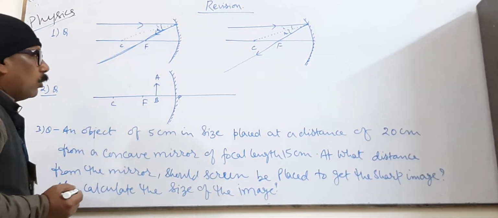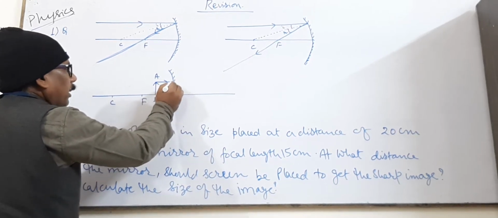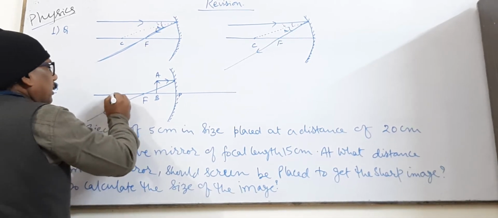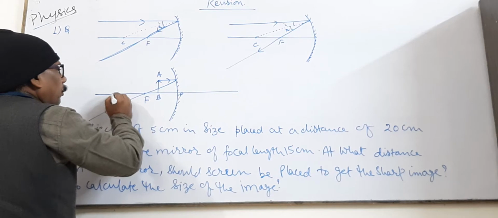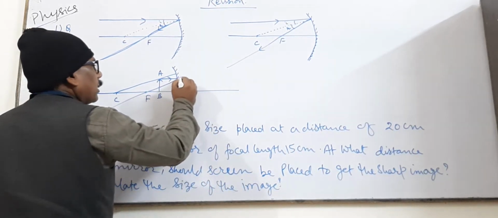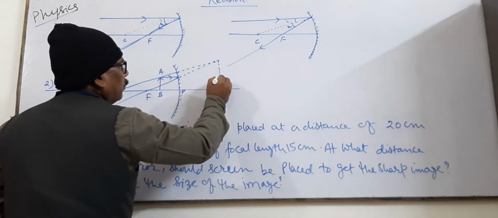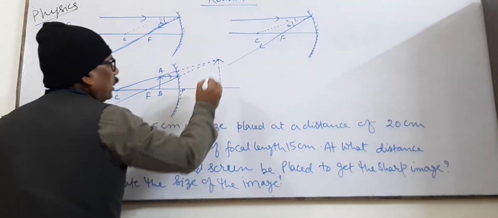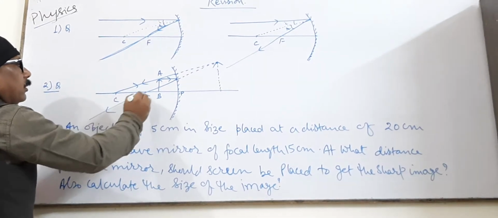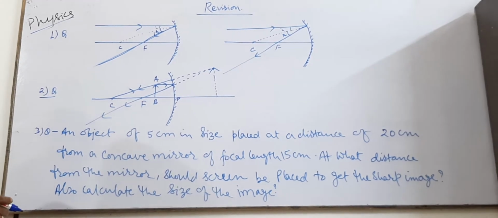In this also you know the rules: one ray is parallel to the principal axis and passes through the focus, and another ray you pass through the center of curvature. In this case you extend this ray behind the mirror and somehow it will meet here. So the image formed will be virtual, erect and magnified.